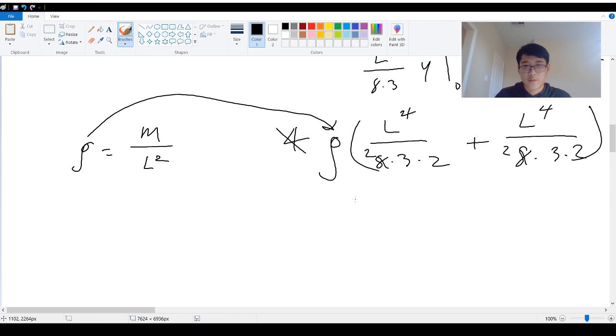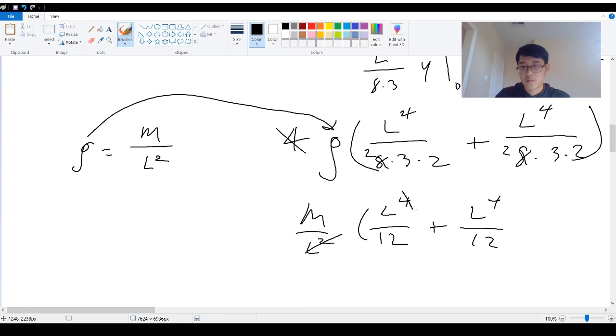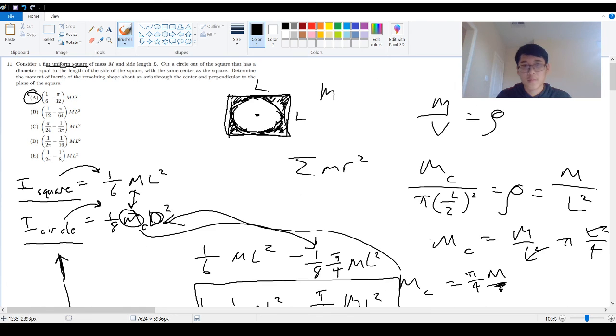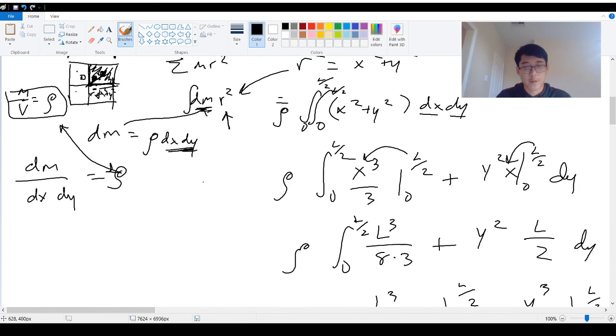Then you have m over L squared times L to the power 4 over 12, plus L to the power 4 over 12, and we can add these two together, so it's m L squared over 6. And that's what we get, 1/6 m L squared.